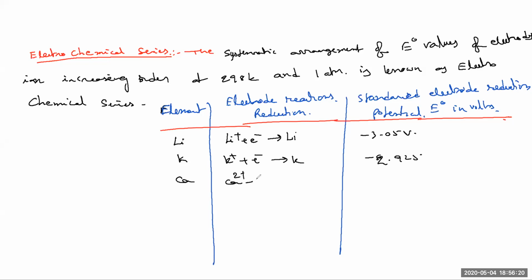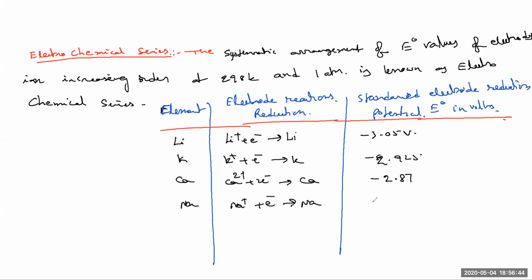Ca2 plus 2 electrons becomes Ca. You should always write the reduction equation only. Minus 2.87. After calcium, sodium will come. Na plus electron becomes sodium.